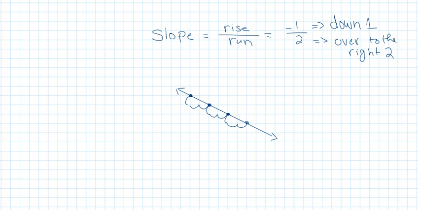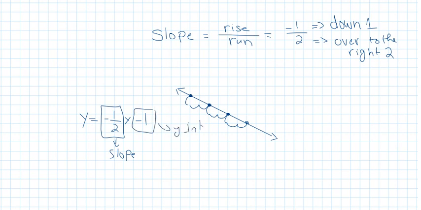Because from my equation, I know that this is the slope, and I also know that this is the y-intercept. Okay? So my first point, the point that I know, is my y-intercept. So here's how I would graph this.